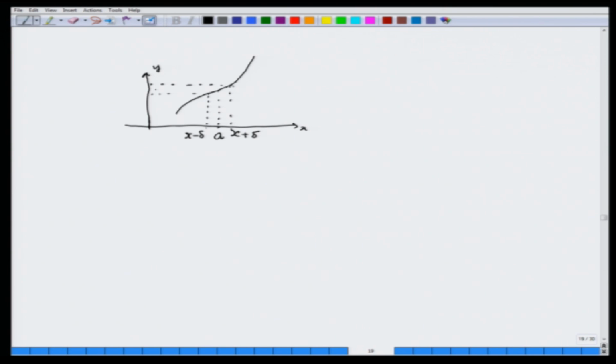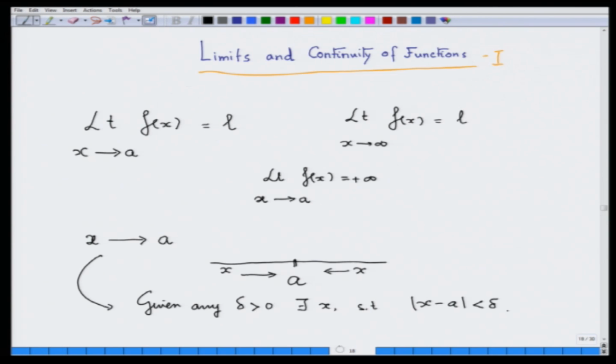So, essentially it means that whenever x is near a, in this case the limit here is f of a, but it need not always be. So, when x is near a, f(x) is near L. This is essentially the meaning of this term, limit f(x) as x tends to a is L.